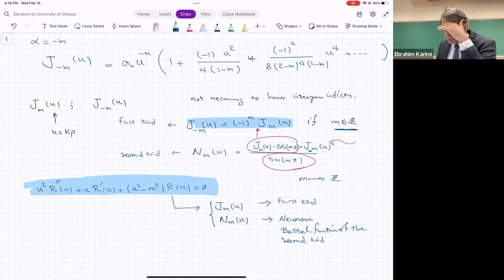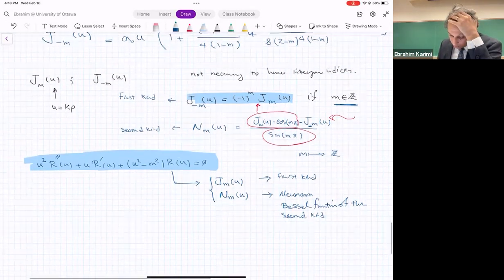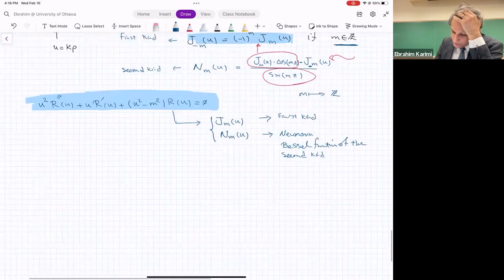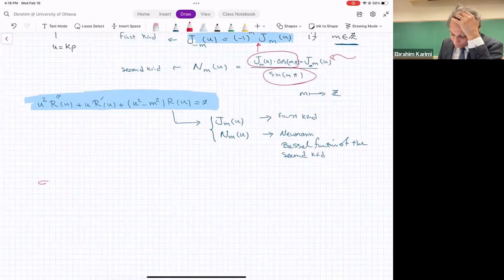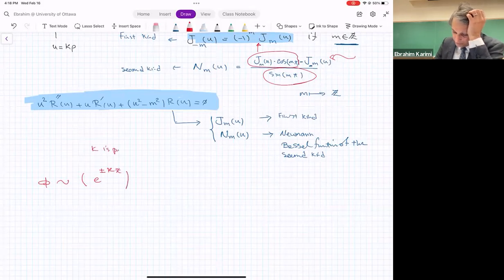Okay. So remember the potential. The aim is essentially finding the potential. For the z direction, it is e power of plus minus k z. We assume k square was positive. What about the phi direction?